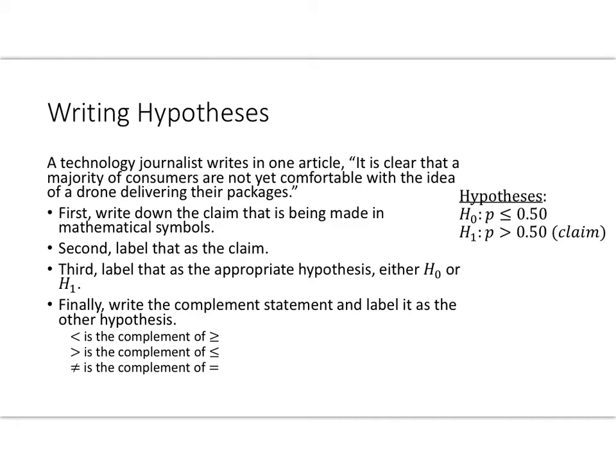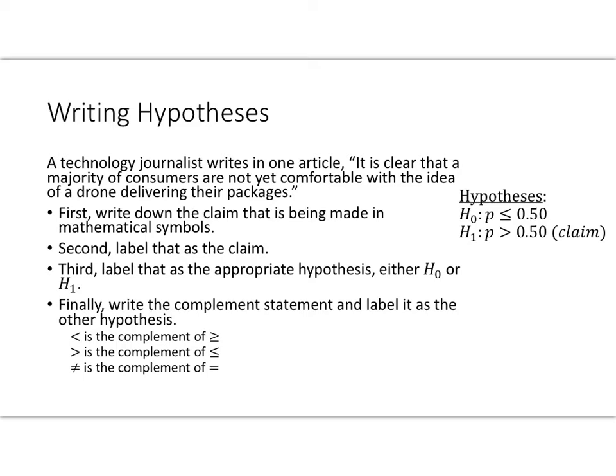A technology journalist writes in one article, "It is clear that a majority of consumers are not yet comfortable with the idea of a drone delivering packages." So the first thing that you need to do is write down the claim that is being made in mathematical symbols. Then you will label the claim and then label the appropriate hypothesis H sub 0, H null, or H sub 1.